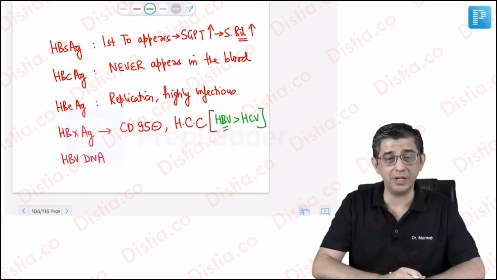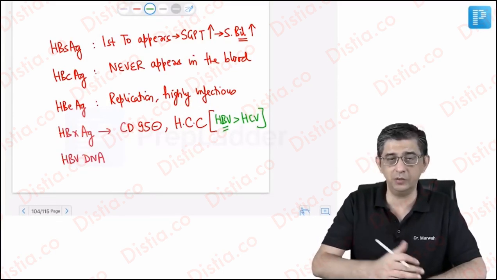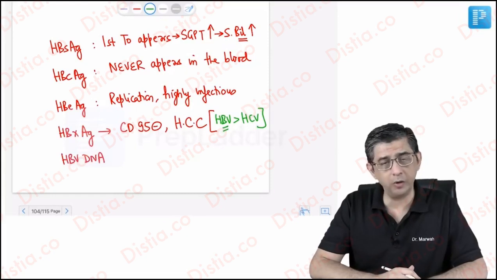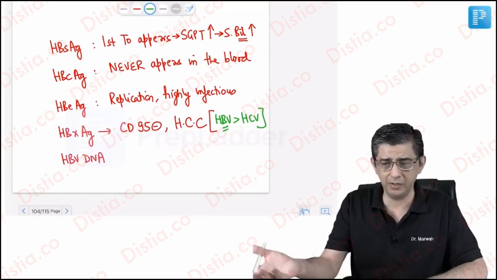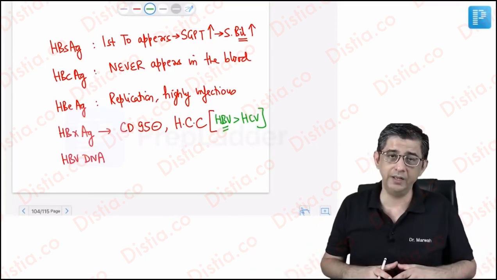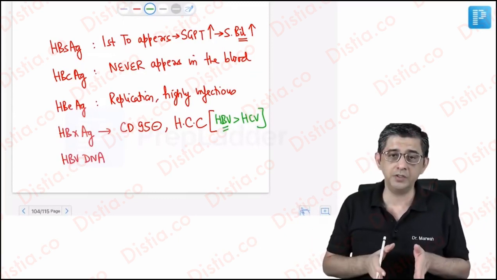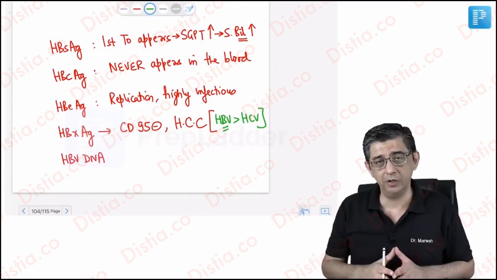In fact, the incidence of this cancer is more in developing countries as compared to developed countries, and in developing countries it is mainly hepatitis B that is more prominent. In both India and China, hepatitis B is relatively more common as compared to hepatitis C. Majority of the world population is concentrated in India and China, and majority of cases related to especially hepatocellular carcinoma are found in Southeast Asia.